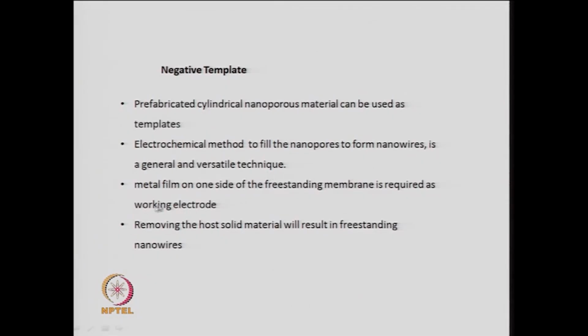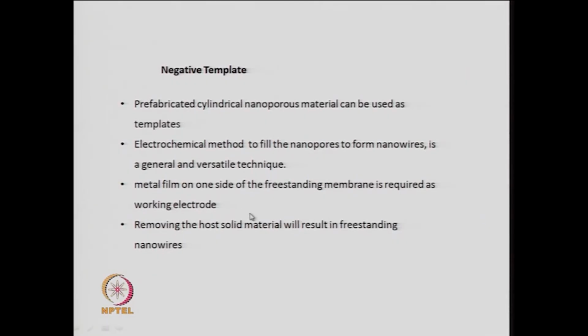You must have a metal film on one side of the freestanding membrane, which should work as an electrode. So, basically the working electrode is a metal film on one side of the membrane, and when the host material is removed, it will result in freestanding nanowires.